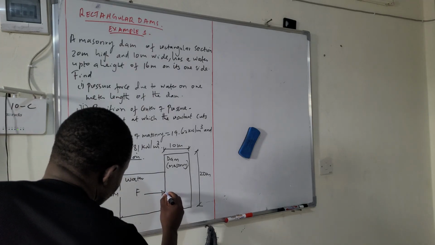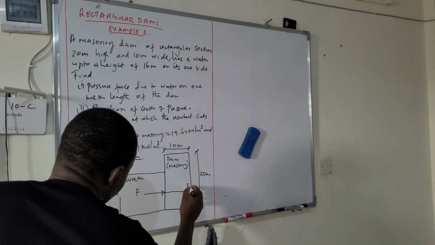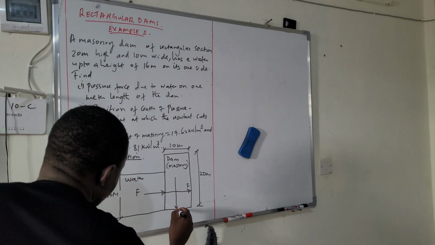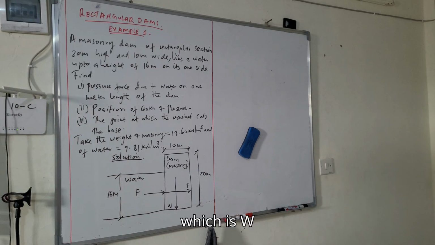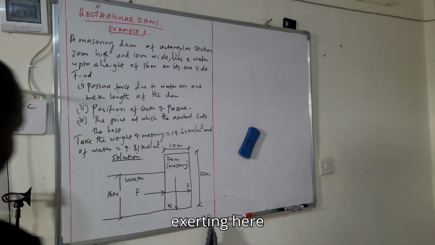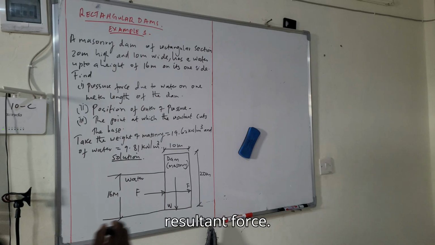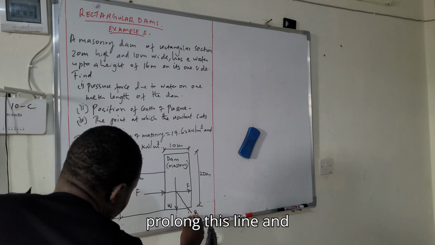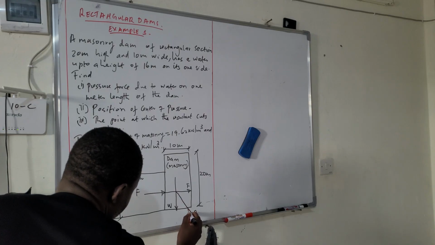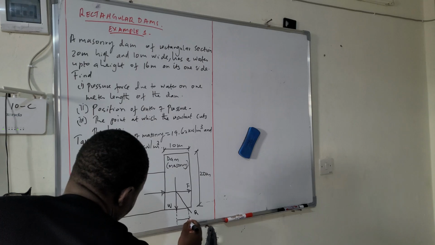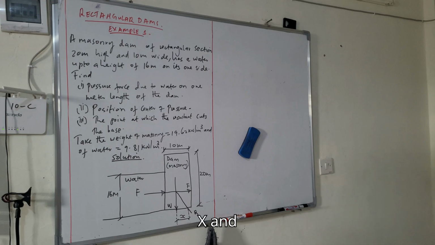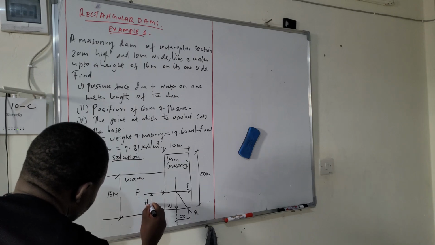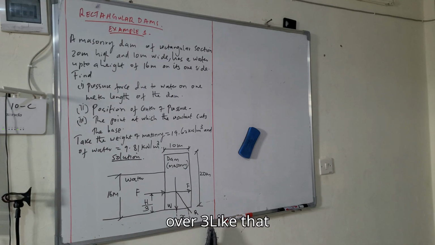If we can prolong this force up to the other side, the dam itself has a weight, which is W, acting here, and then we have our resultant force, which we call R. You can prolong this line, and this distance you can call X, and the center of pressure is H over 3, like that.